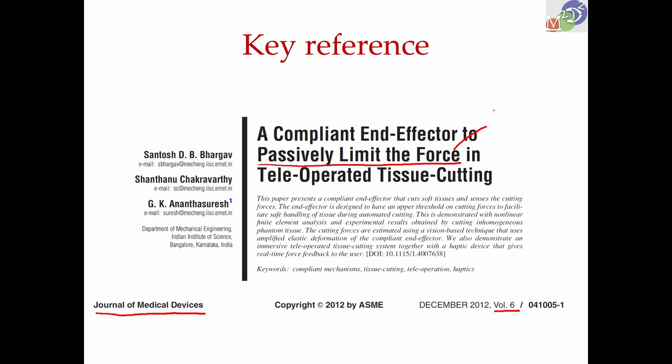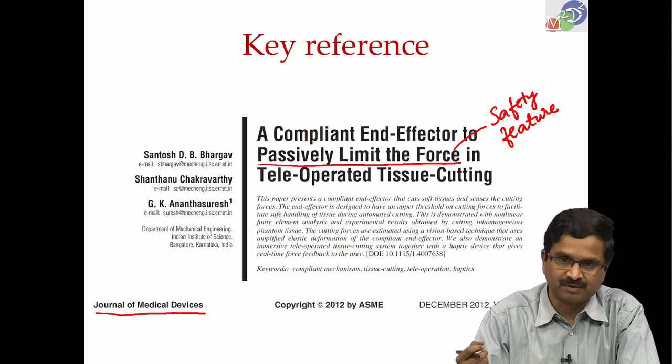Okay. This is a safety feature. We have a device that ensures that when you are cutting something, it could be tissue or something else, it will not apply force more than some value that we set. So, the mechanism is designed for that purpose.